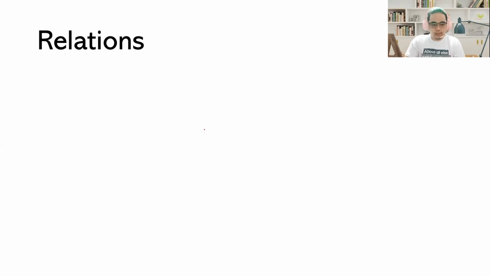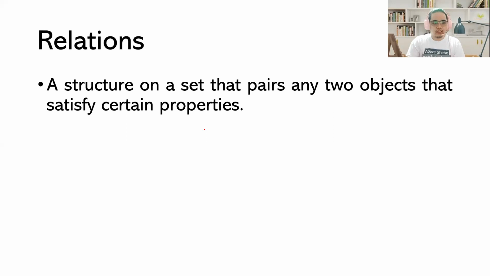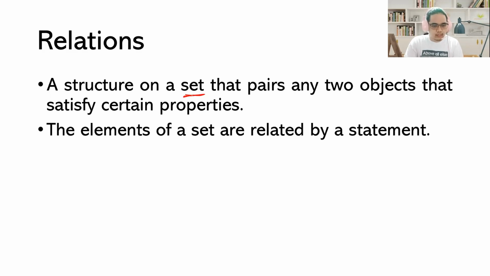So, first up, we have relations. When we say relations, it is a structure on a set that pairs any two objects that satisfy certain properties. So we have pairs of two objects, and also involved is the word set. Elements of a set are related by a statement.